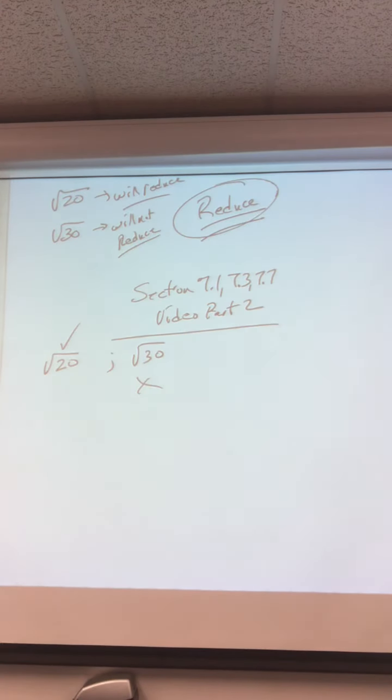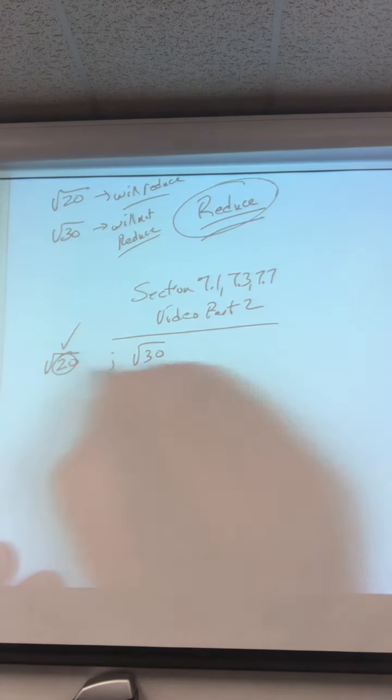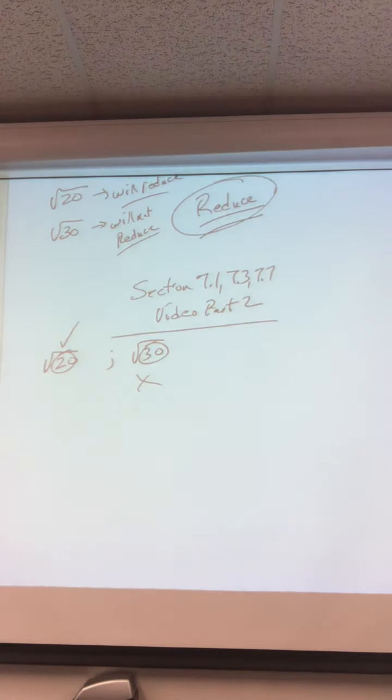Okay, I'm assuming you had to pause and start that video, but let me say it again. I said a square root is reducible if its radicand, remember that means this number, if it is divisible by a perfect square other than 1.